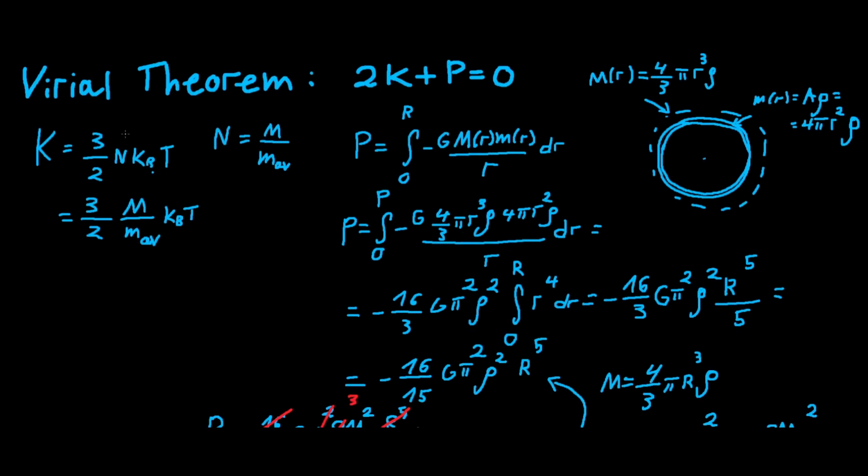Now it's time to plug in the Virial theorem, 2K plus P equals 0.